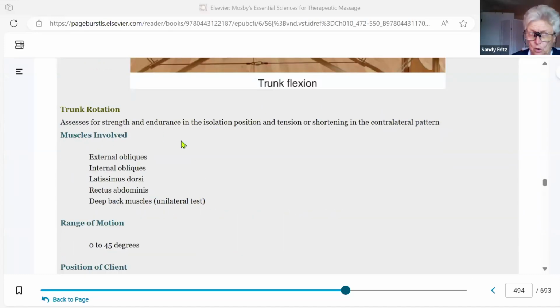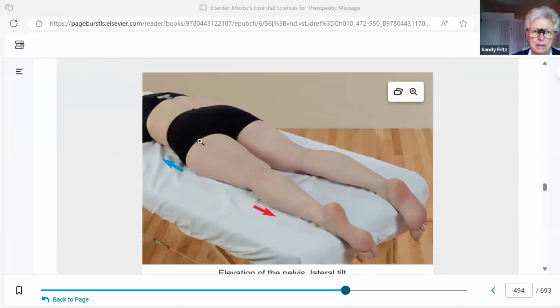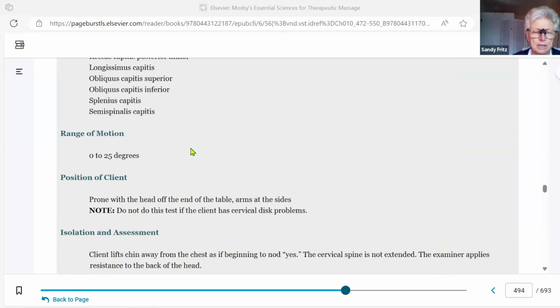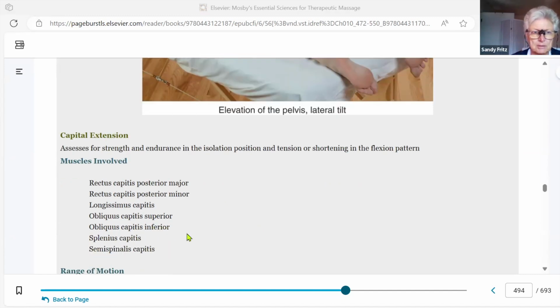And then we go on further and we've got trunk rotation and elevation, and then we get into the neck. So we've got capital. Capital means the movement of the head at the atlas and axis right there at the top. And so these are the muscles that produce extension. That's tipping the chin up.